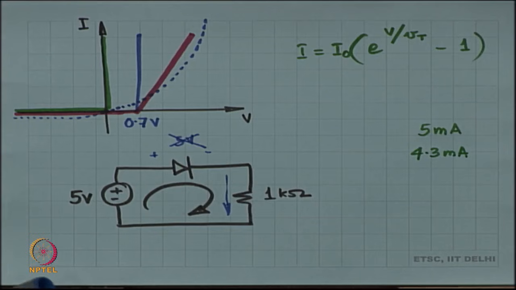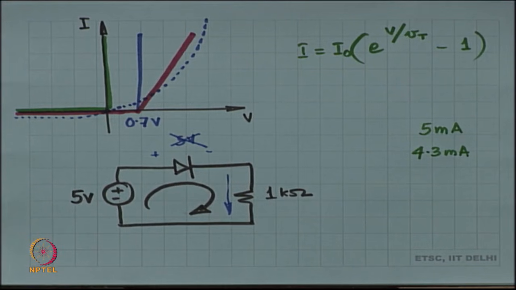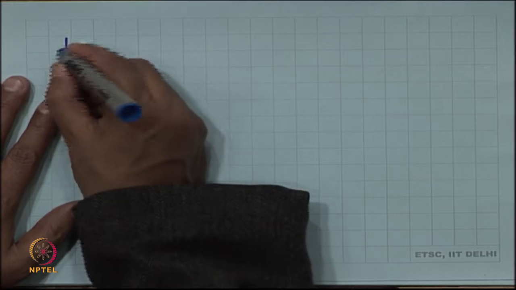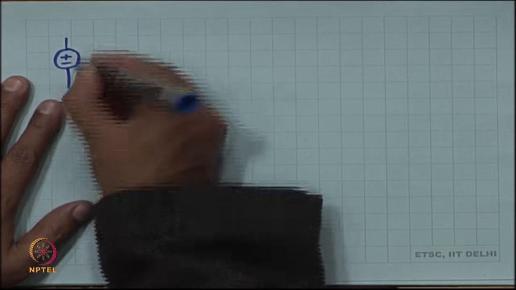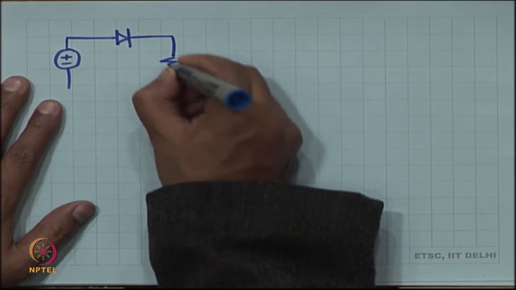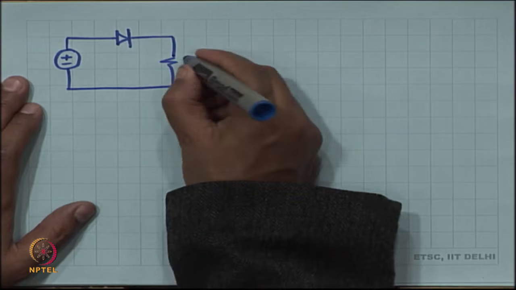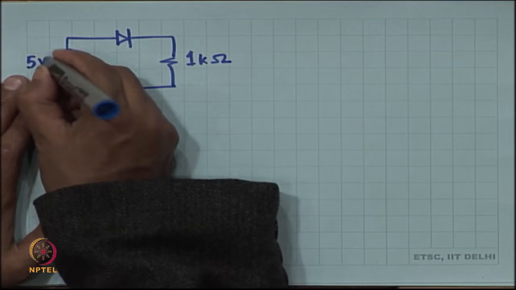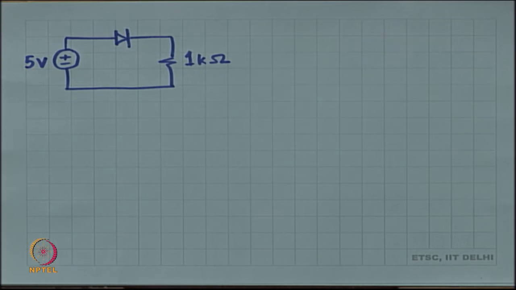And then you say, all right, let us not worry about these approximate answers, let us try to work out the precise answer. So, now I am going to attempt to work out the precise answer.